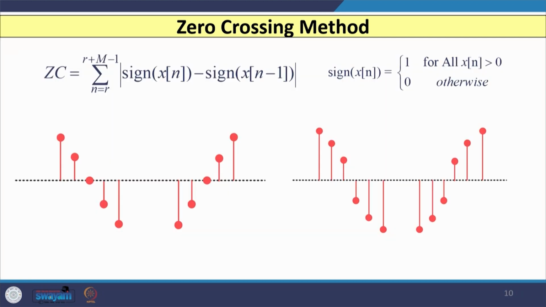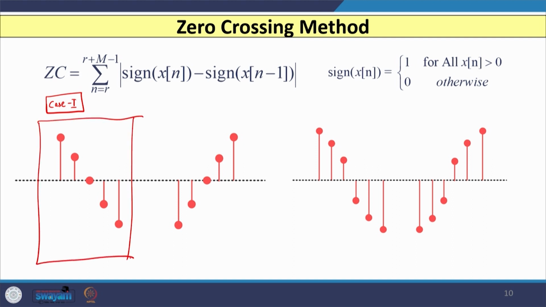Now, with this let us consider 4 different cases. Here I consider case number 1. In this case number 1 you can see I have shown these samples for a particular signal.